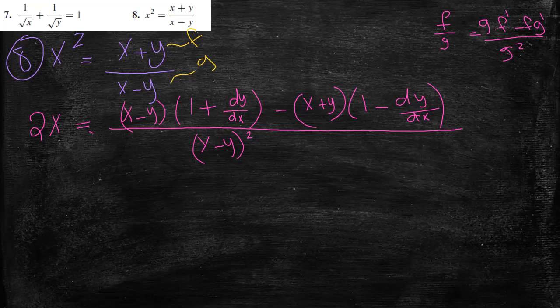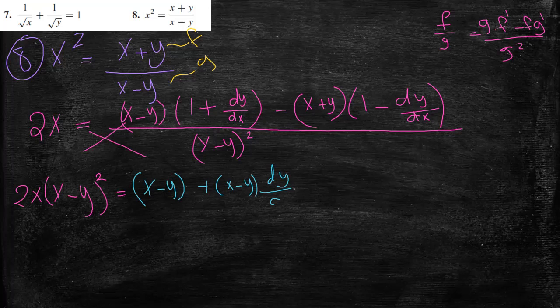Then let's use the cross product. 2x times x minus y squared equal. Now we will distribute x minus y into this term. So it's x minus y plus x minus y times dy over dx. I just distribute x minus y in both monomials. Then minus x plus y times 1.